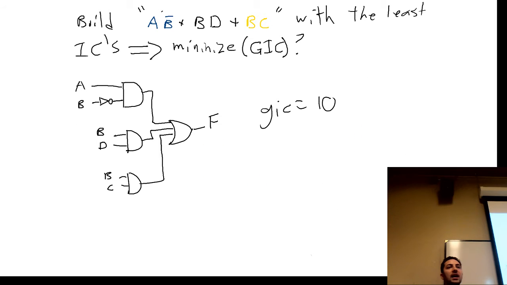So if you're going to minimize ICs, it's usually a good idea to minimize gate input cost. So start with the sum of products. Tell me what the gate input cost is. This was our initial circuit that we got from our K-map: A and B bar, BD, BC. It had a gate input cost of 10. What else could you do to reduce gate input cost?